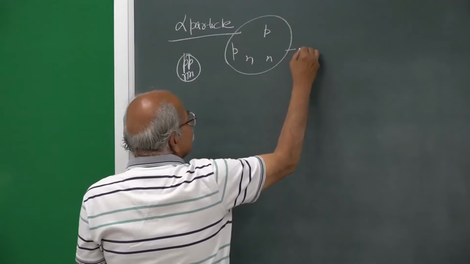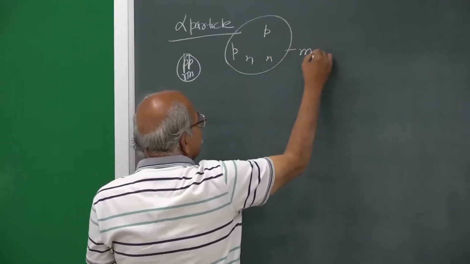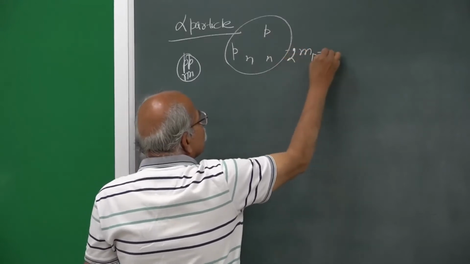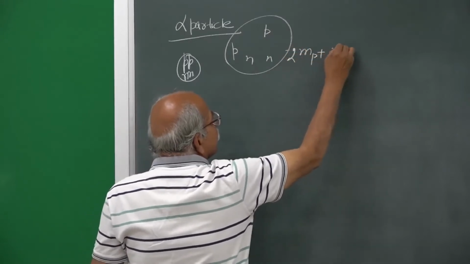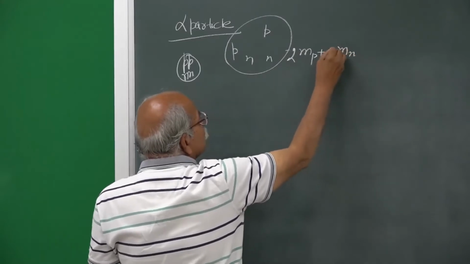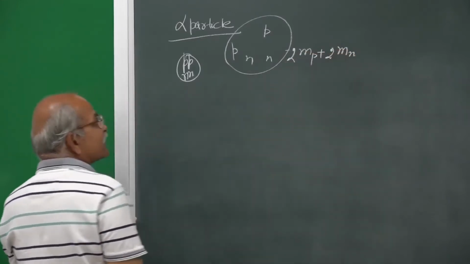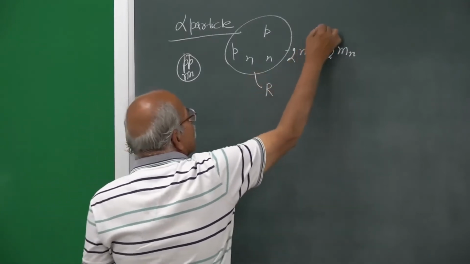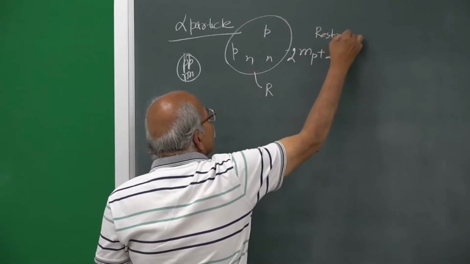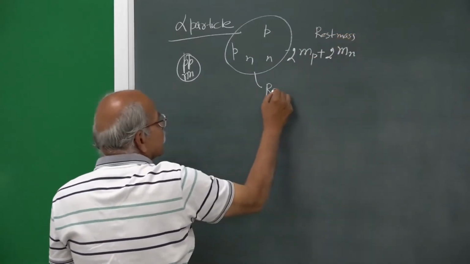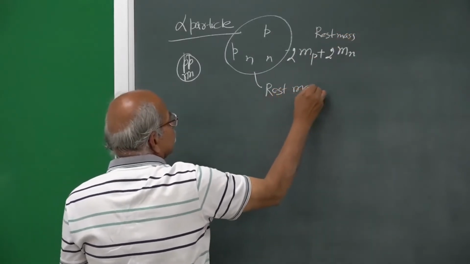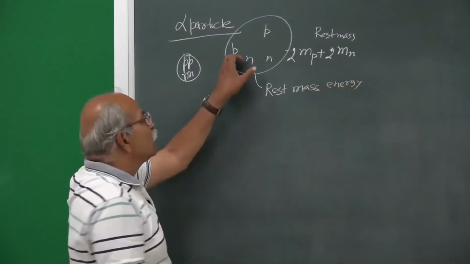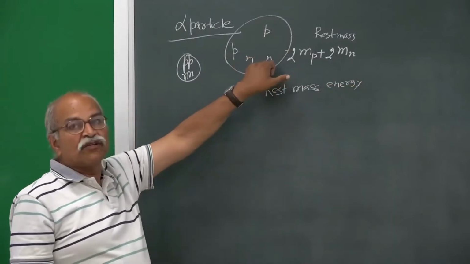The rest mass here will be the rest mass of proton into 2 plus the rest mass of neutron into 2, or the rest mass energy if you write it in this combination. No kinetic energy, it is not moving.